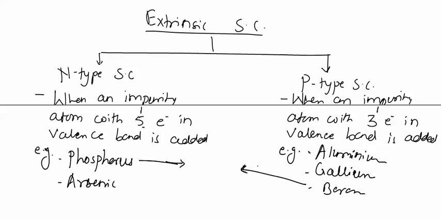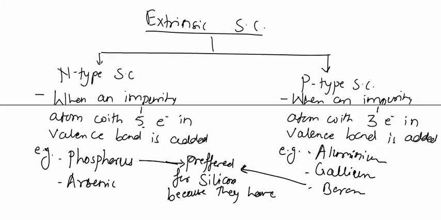Out of these impurities, boron and phosphorus are preferred if we want to dope any intrinsic silicon. Means these impurities are preferred for silicon material, because they have higher affinity towards silicon.